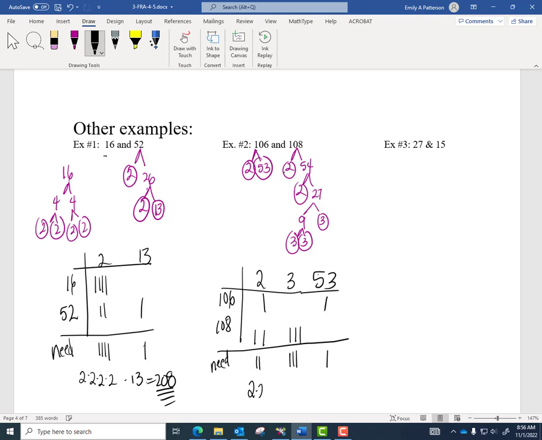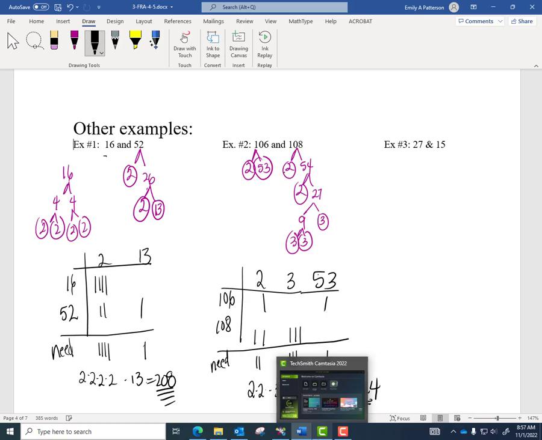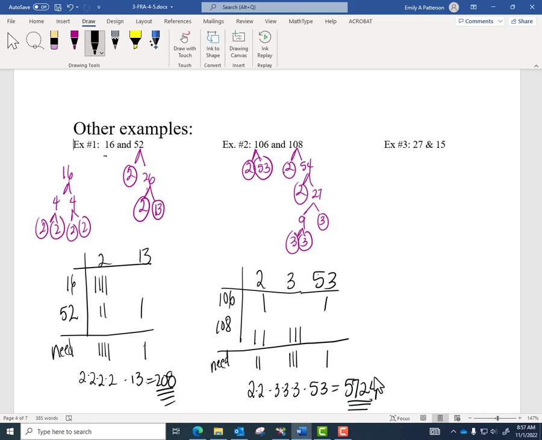So what I'm going to multiply is 2 times 2, and then 3 3's, and then a 53. And when we multiply that together, we get 5,724. That would be a lot if we decided to do the multiples way and carry out 106 times 1 times 2 times 3 times 4. So sometimes this prime factorization way really, really helps.